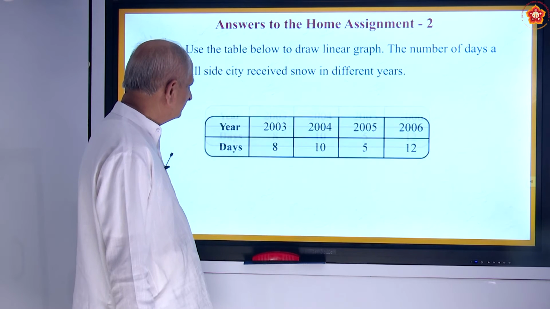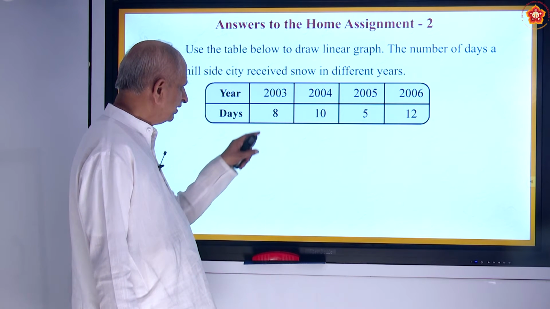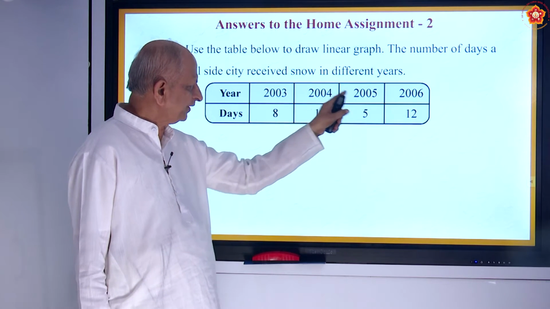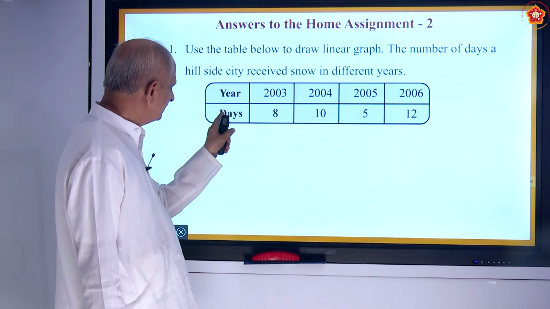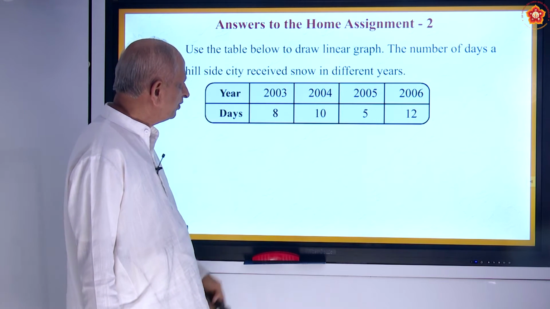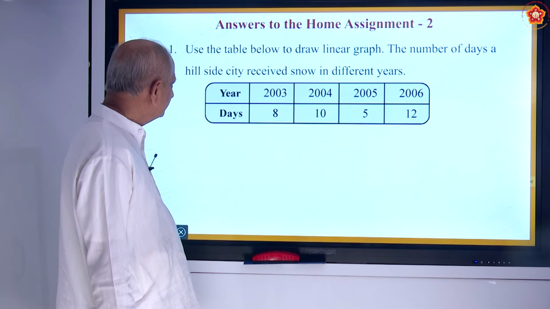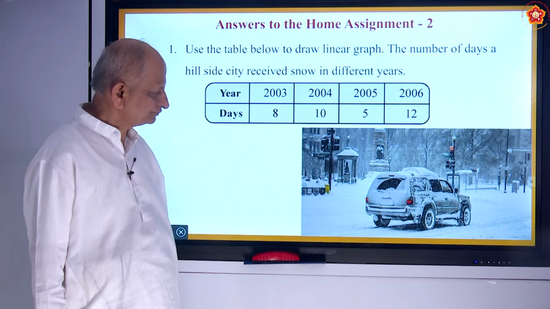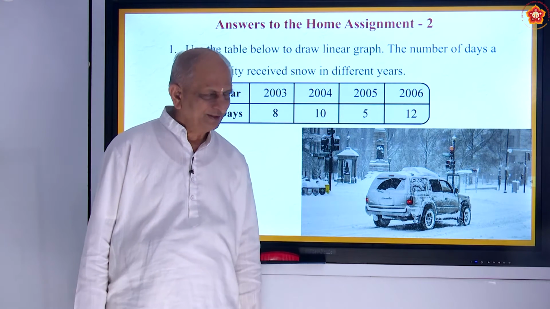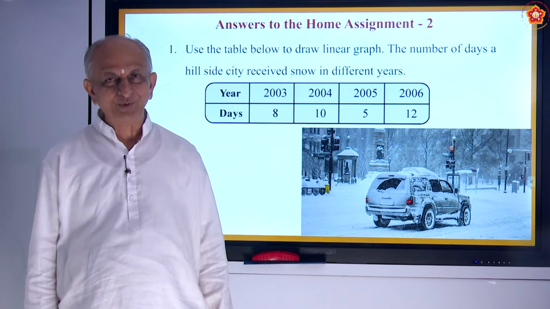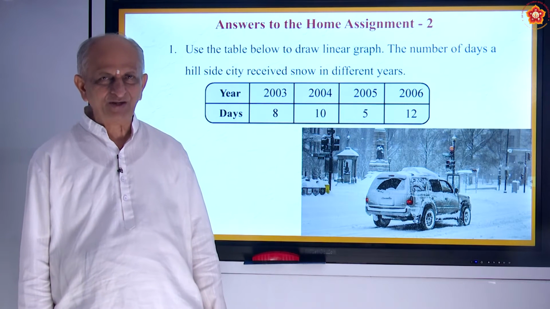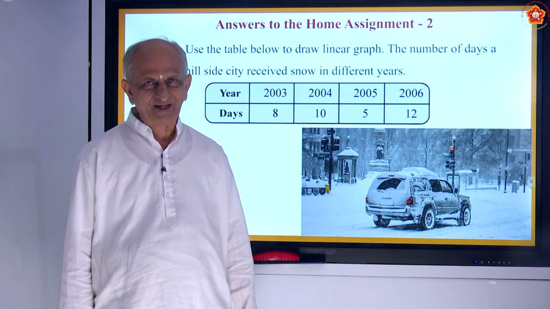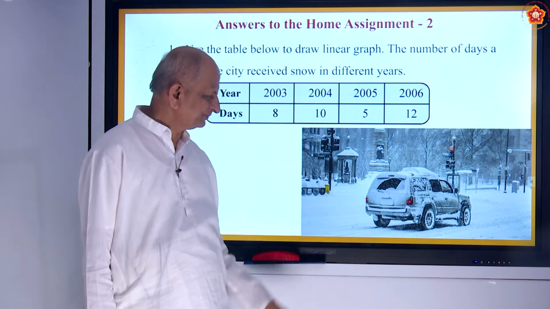So here is a table. It tells about the 4 years 2003, 4, 5, 6, and these are the days. It shows the number of days a hillside city received snow. Of course, in South India we don't find snow. In North India, if you go to Uttar Pradesh or Punjab, Haryana, Delhi, etc., you experience this.